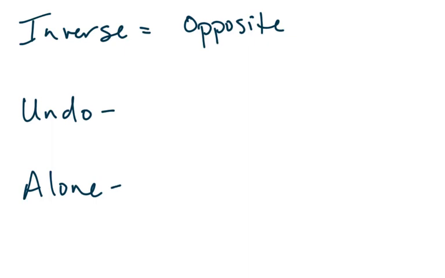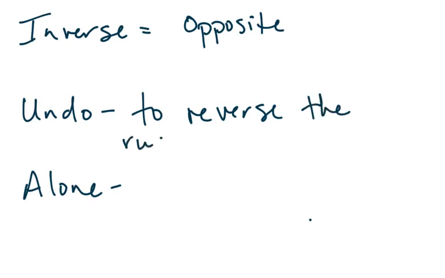So to undo something is to, oh man, defining that in English is hard. Let me pause and look up and figure out what I want to say. Okay, I just looked it up and this is perfect. Undo is to reverse the results of something.